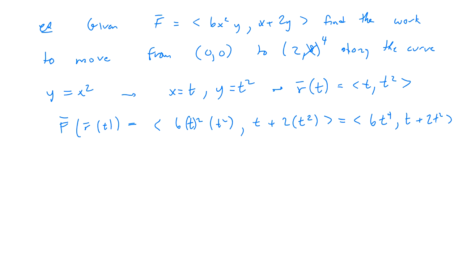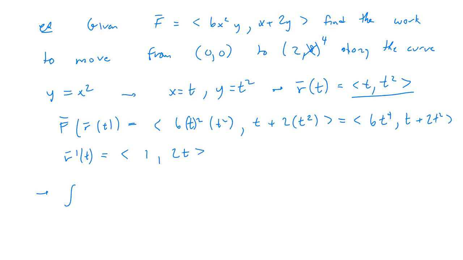So I get that. Same type of thing. I need the derivative of the parameterization, which is just the derivative of that. That's pretty easy. And then t is the same as x, basically.